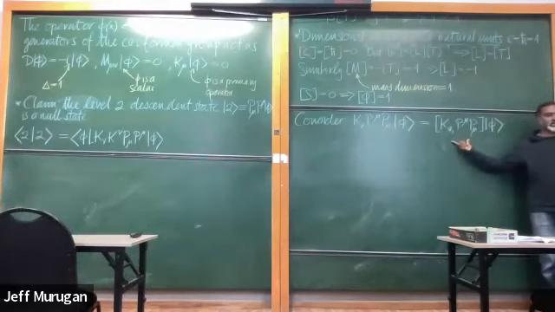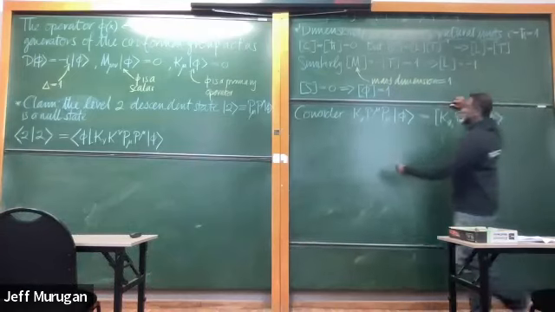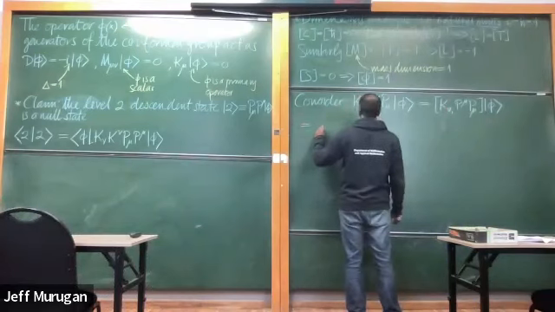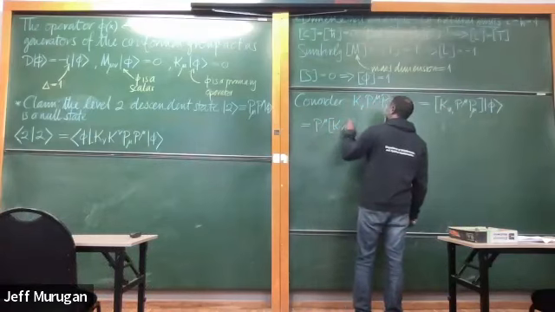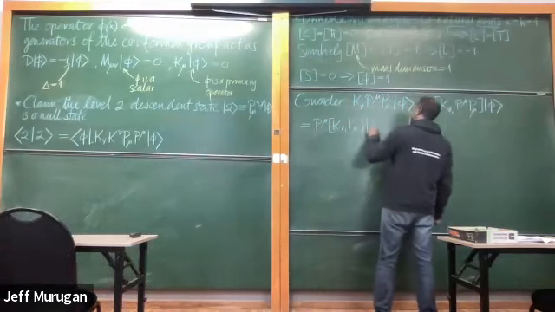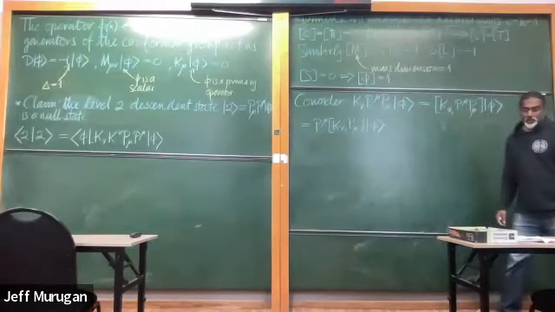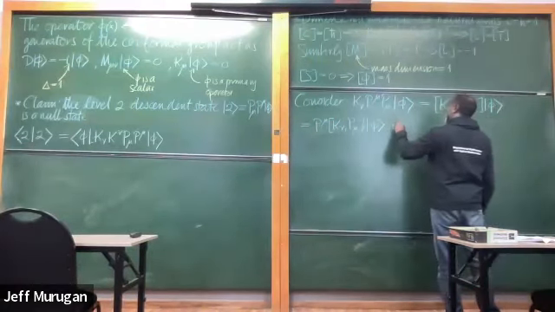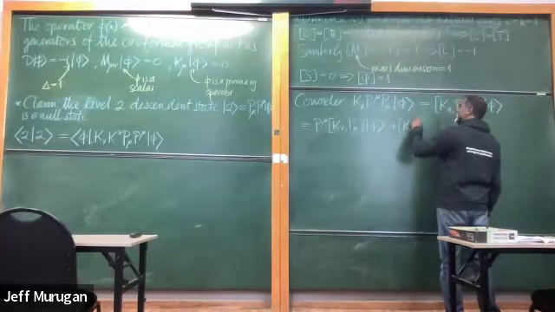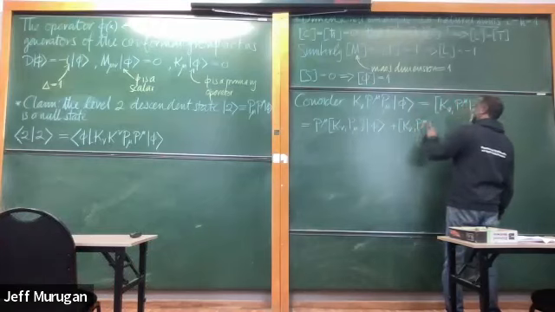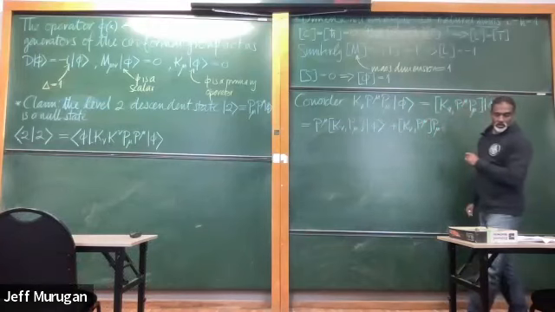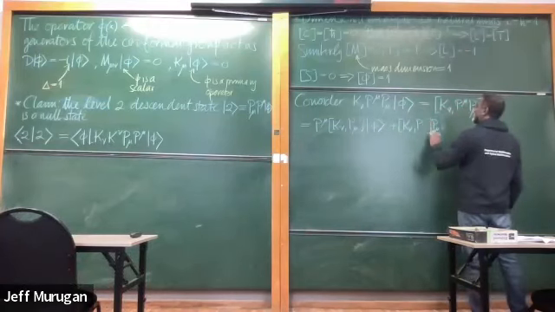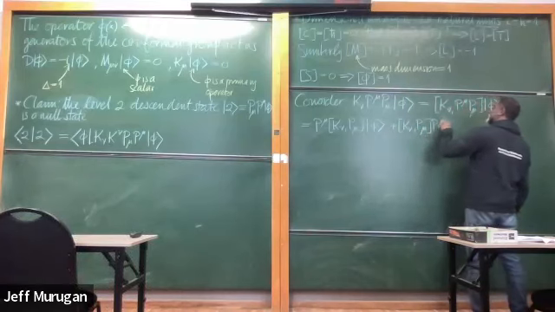And then I know that the commutator obeys the product rule, so it's Leibniz. So this is the commutator of k mu and p mu acting on phi, plus k mu p mu p mu. It doesn't really matter whether I have this up or down because we're in flat space after all.